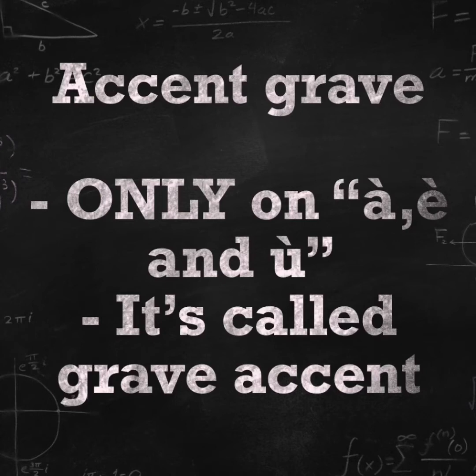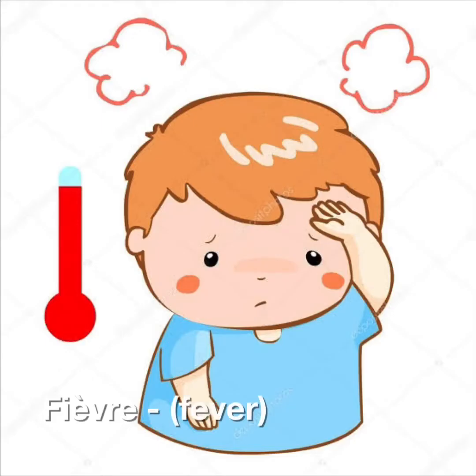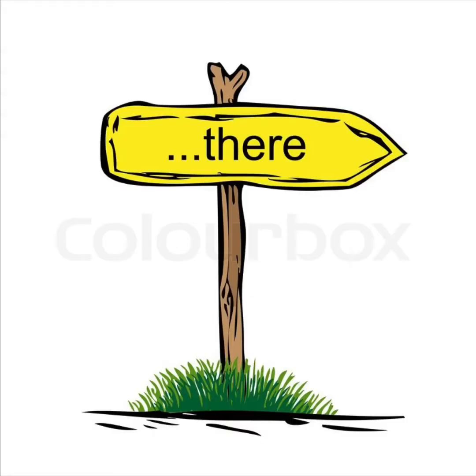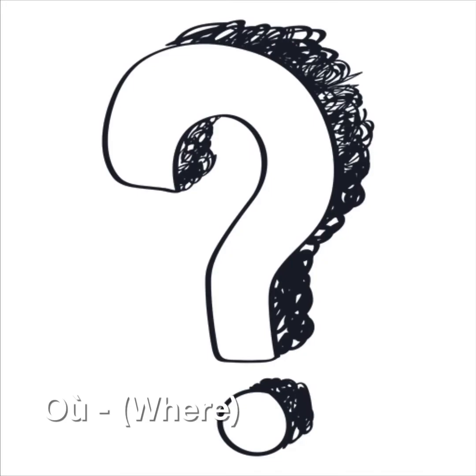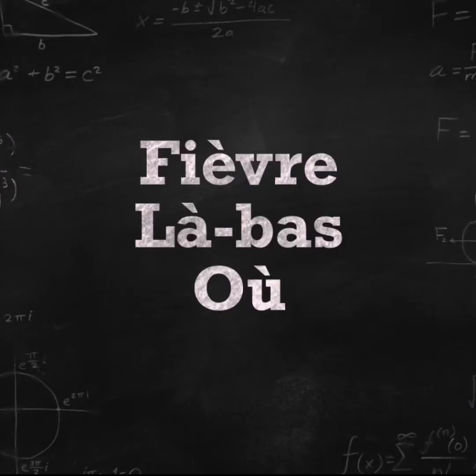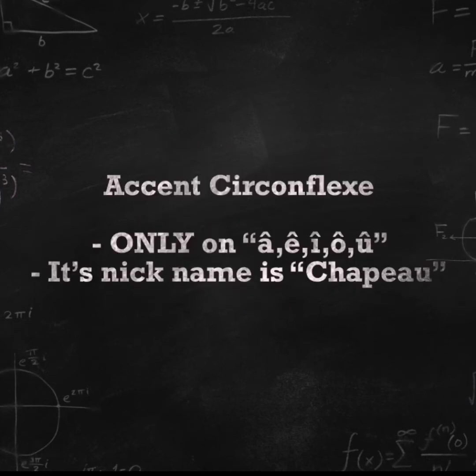Here are a few examples for accent grave. Fièvre. Là-bas. Où. Fièvre, là-bas and où are 3 different words which have a change in the pronunciation because of accent grave.